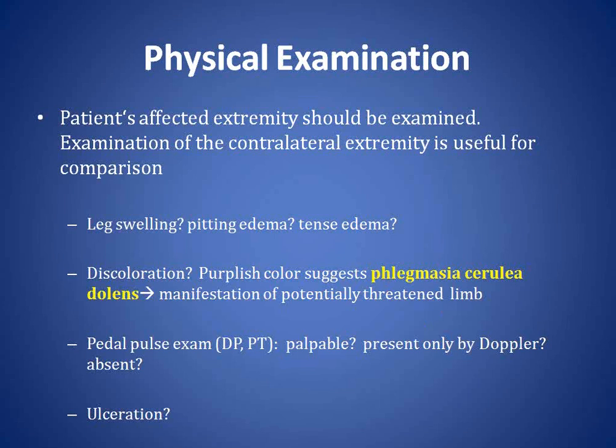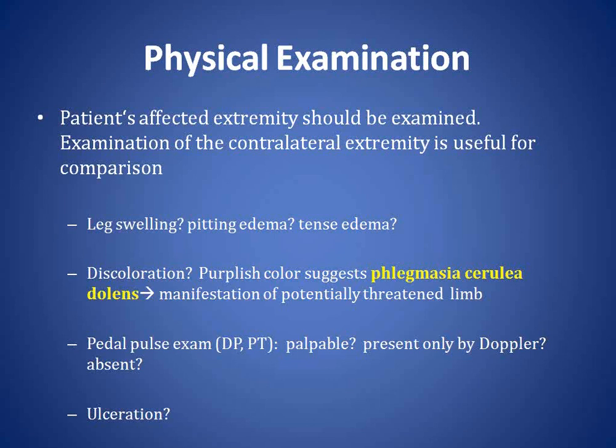So that's a cold leg because of a blood clot in the artery or some arterial obstruction. The leg isn't swollen, it's just white. The purplish color and the swollen leg is more of a concern because the leg could now be threatened. Blood can't get out, and it can become pretty serious because it compromises the arterial blood flow.